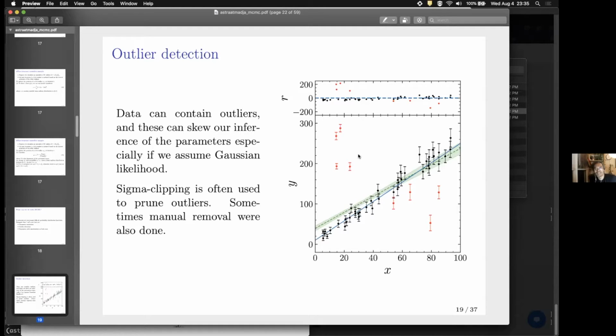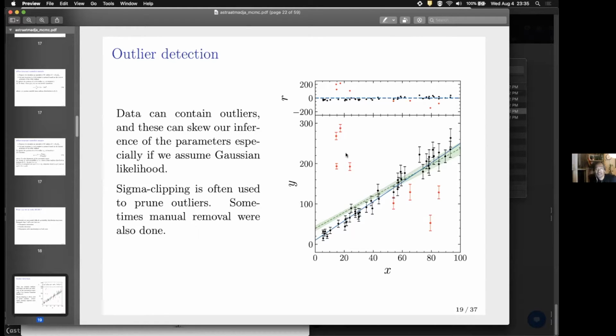I mark it red just so that we know. Of course, when we have real data, we're not going to mark it red just because it looks crazy, because it's out there. Real data will have this also black. So I just show it like this. But anyway, we have an outlier.